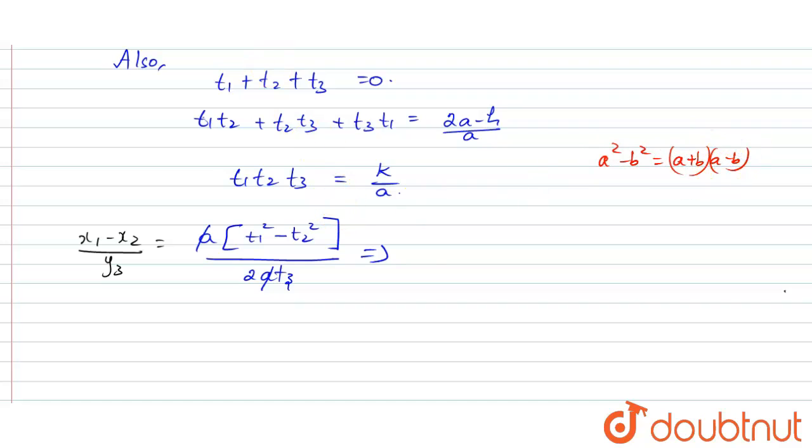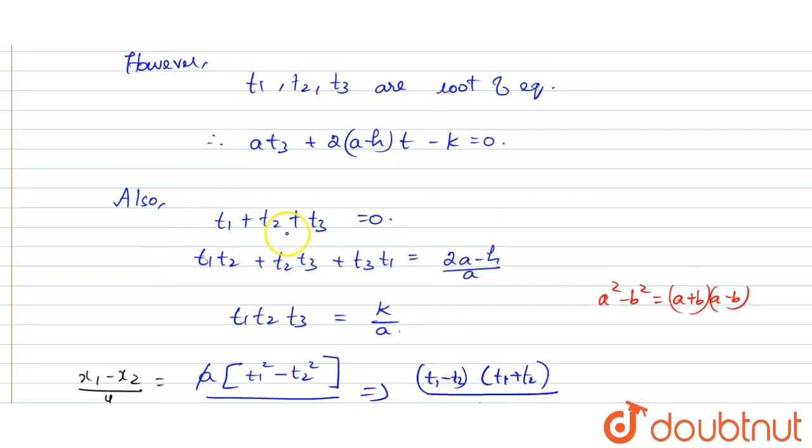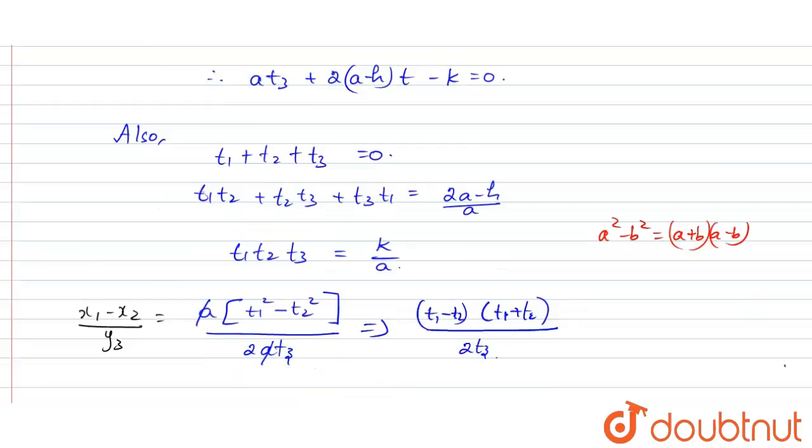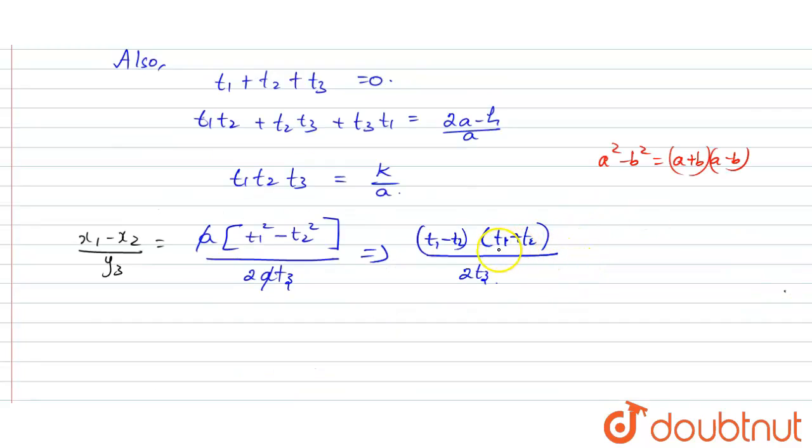So expanding this, (t1 minus t2)(t1 plus t2) divided by 2 t3. We already know that t1 plus t2 plus t3 equals 0, right? So t1 plus t2 equals minus t3.